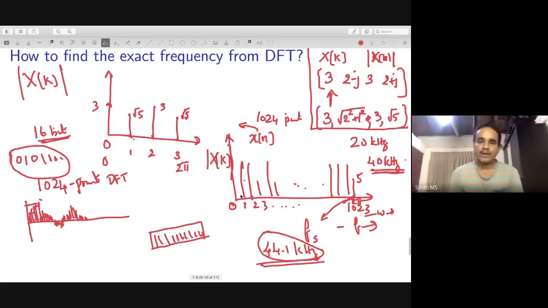Now, can you tell what frequency this will correspond to? Can one of you unmute and tell? What is the frequency corresponding to this, as we have already seen for a DFT?